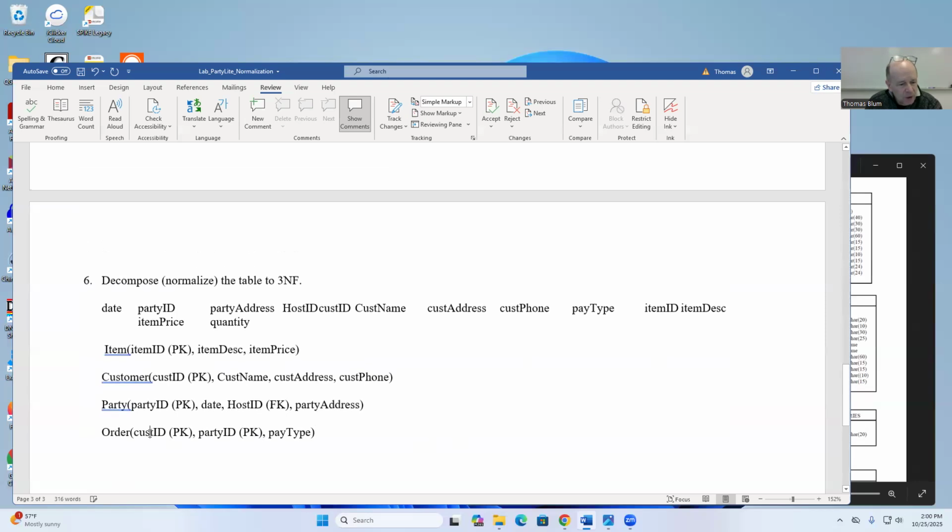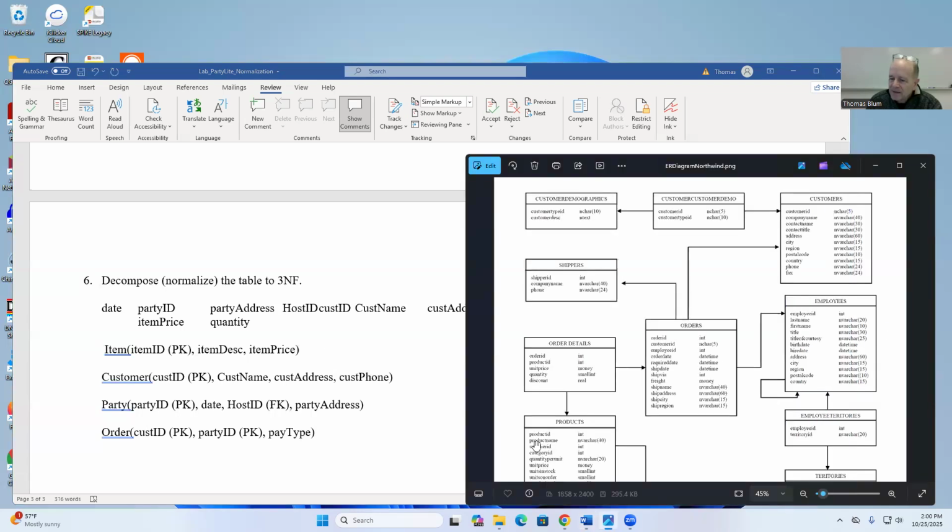And so we know who ordered, and we'll get the date from the party. So if we need to know the date of the order, the party will relate us to the date of the order. We know who ordered, and then we need, as Northwind has always told us, the relationship between order and products is many to many.